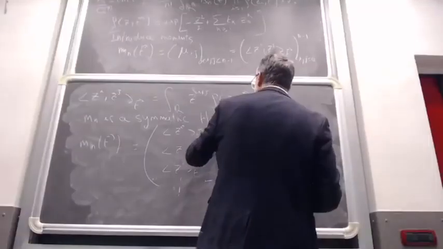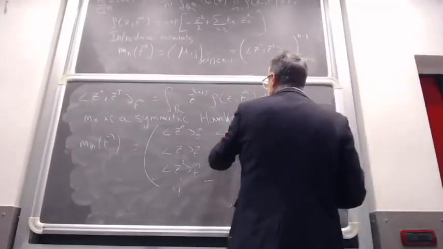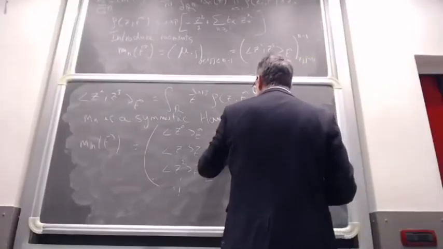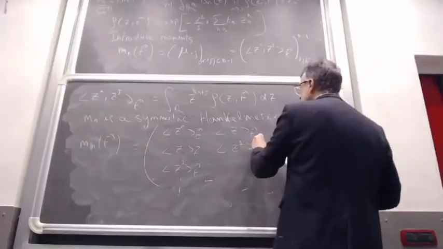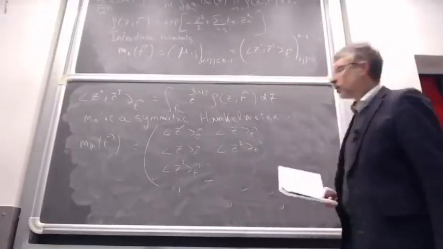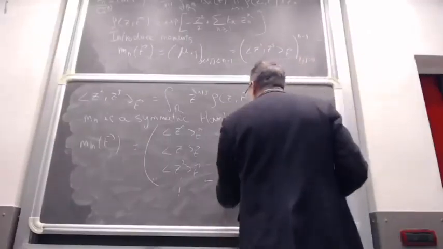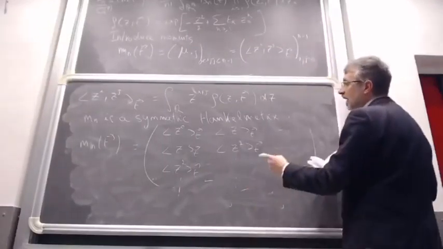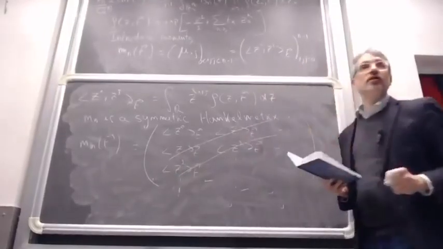And then the next row would start from z to the power 1, then we get z to the power 2. Okay, so the power is just the sum of the index positions of the row and the column, right? And you go on like this. So essentially it's a Hankel matrix because the anti-diagonals are all the same.